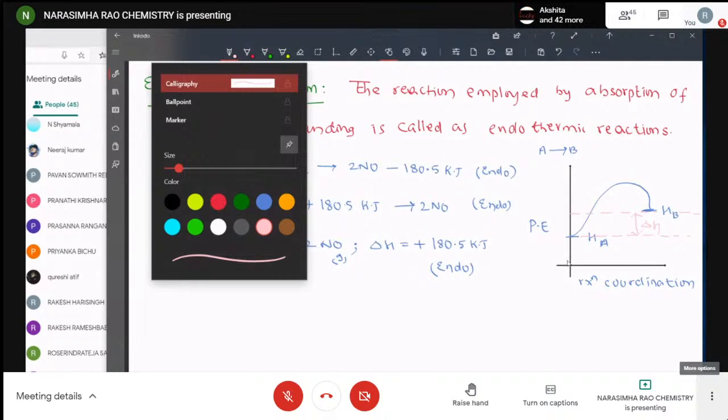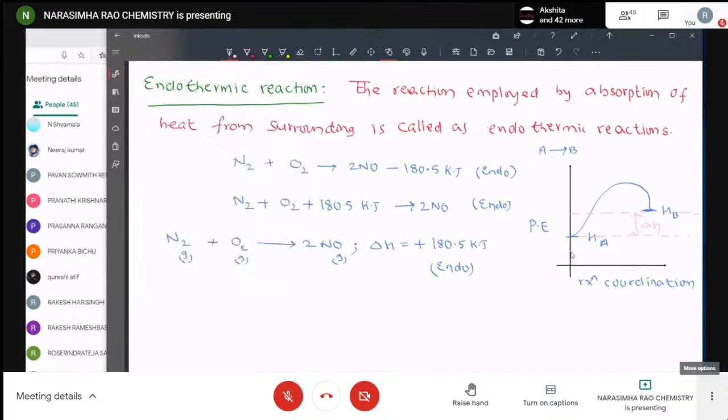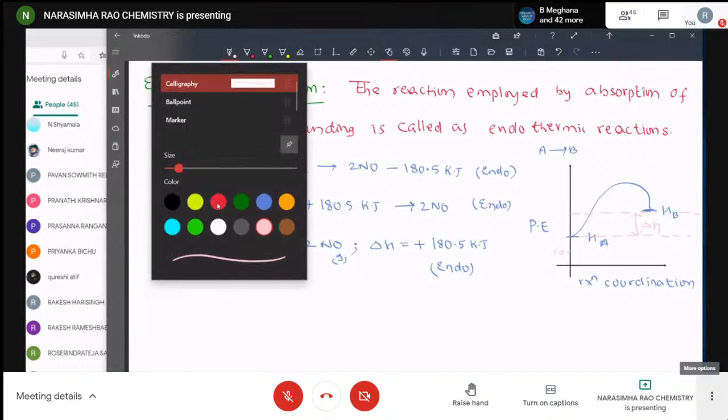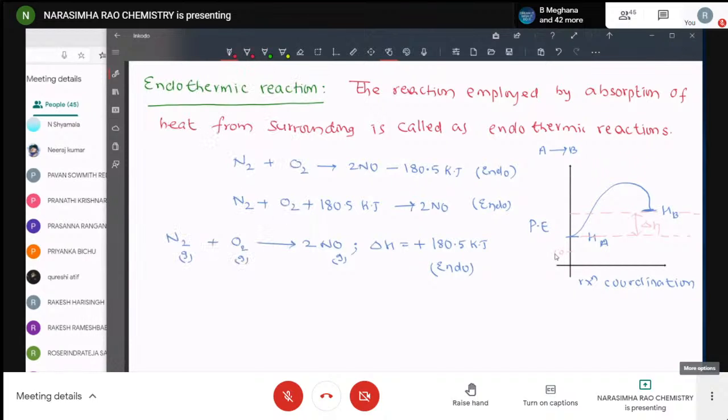Now, for the example, this is 10, this is 20, this is 30, this is 40, this is 50, this is 60, and so on in kilojoules. So we know, children, delta H is enthalpy of product minus enthalpy of reactant.